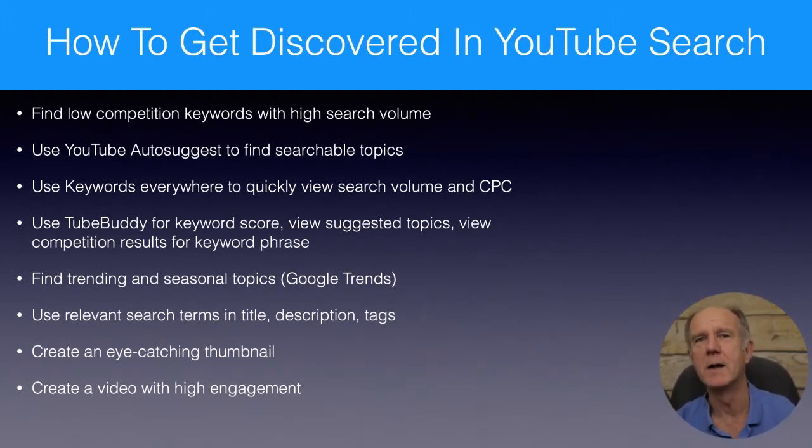You want to identify a low competition but good search volume, and then once you've done that, you want to put that in the title, description, tags, and then create a beautiful eye-catching thumbnail that stands out on mobile devices, laptops, computers, etc. Ideally, you want to check the thumbnail on a mobile device because most people are watching videos on mobile.